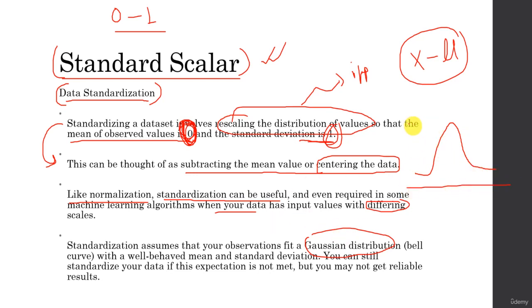So it assumes that your data follows this distribution and it has well-behaved mean and standard deviation. You can still standardize your data if the expectation is not met, like if the data is not a bell-shaped curve, but you may not get a reliable result. So in order to get a reliable result, make sure that your data follows this Gaussian distribution.